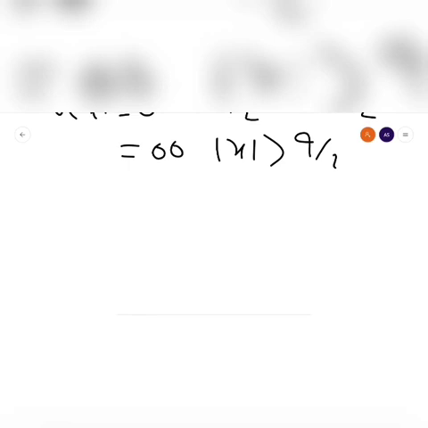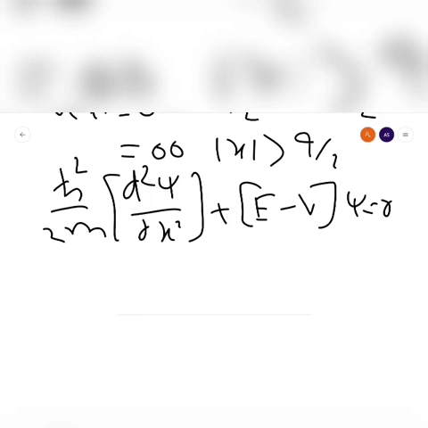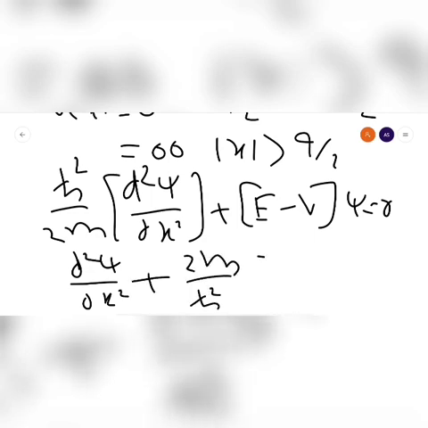You know the Schrodinger wave equation: h cut square by 2m times the second derivative of psi with respect to x plus (E minus V) psi is equal to 0, where E is the total energy and V is the potential energy. You can also write second derivative of psi with respect to x square plus 2m by h cut square times (E minus V) psi is equal to 0.